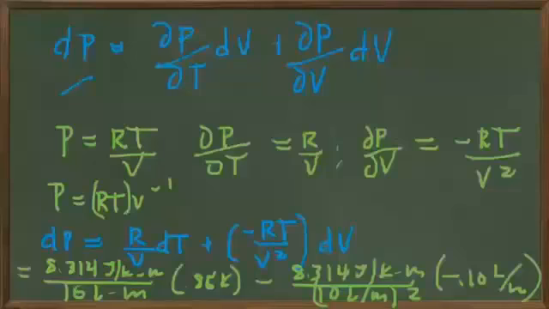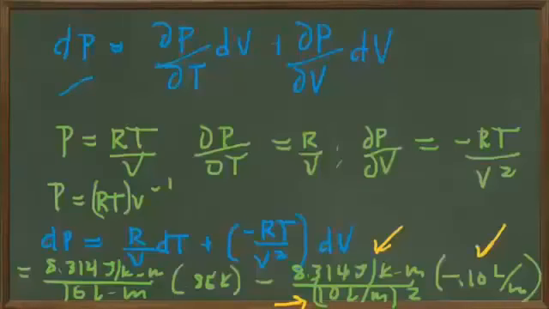The volume is 10 liters per mole. The change in temperature is 0.85 degrees Kelvin. And then in the second term, we have R again. The volume, 10 liters per mole, is squared, and the change in volume is negative 0.1 liters per mole.